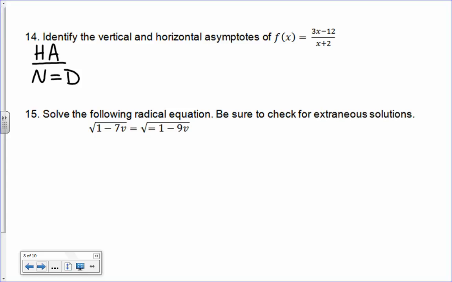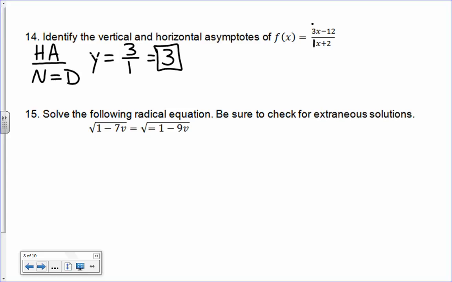Up top, that x has an exponent of 1. At the bottom, the exponent's 1. So if they're equal, your horizontal asymptote is a ratio of the leading coefficients. In this case, the leading coefficients are 3 and 1. So you would do 3 over 1, which is 3. So the horizontal asymptote would be at y equals 3.